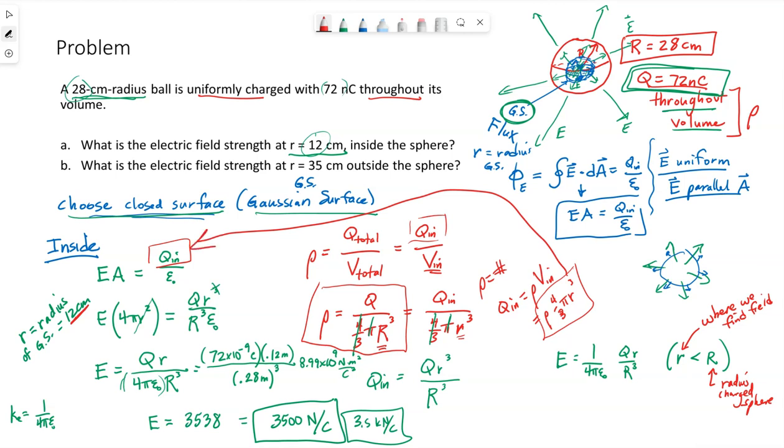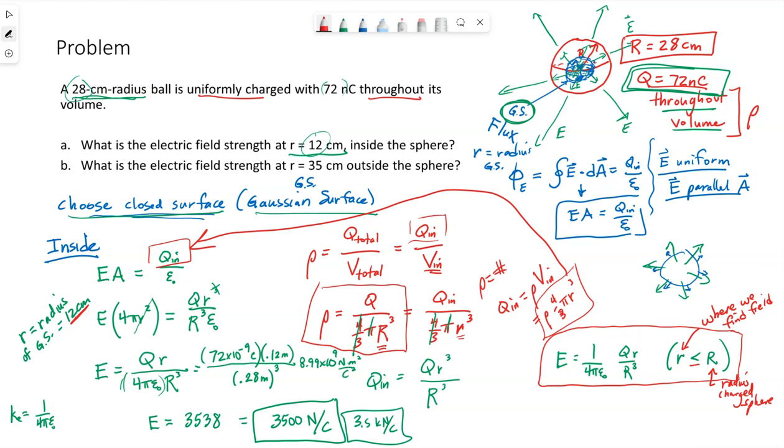The equation would look a little bit different because we would be writing it in terms of rho as opposed to Q, but the approach would be the same. We're just calculating an intermediate step is all. We're going to find also that this equation will work at the surface. Now, you're not going to see that quite yet, but we will see that as we solve for part B.